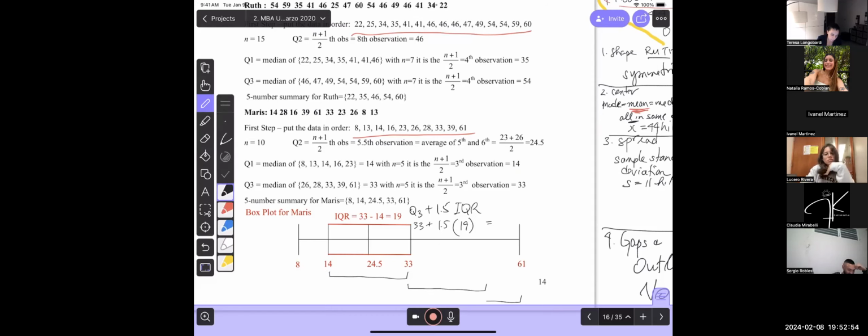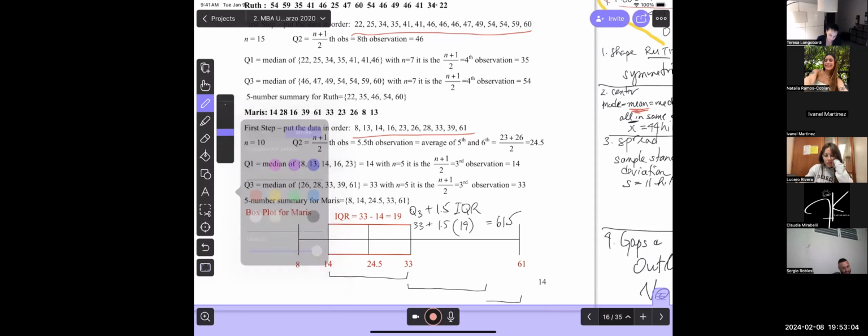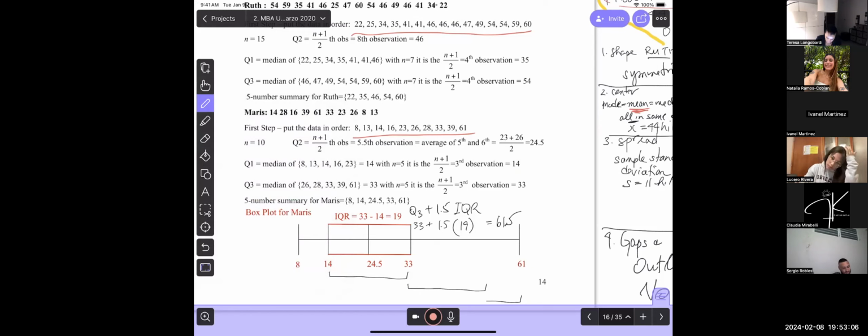Okay, so you get 61.5. What does it mean? What is the interpretation? So my drawing's not so bad because it just crosses here. So it means that 61 is included and 61 is not a statistical outlier.